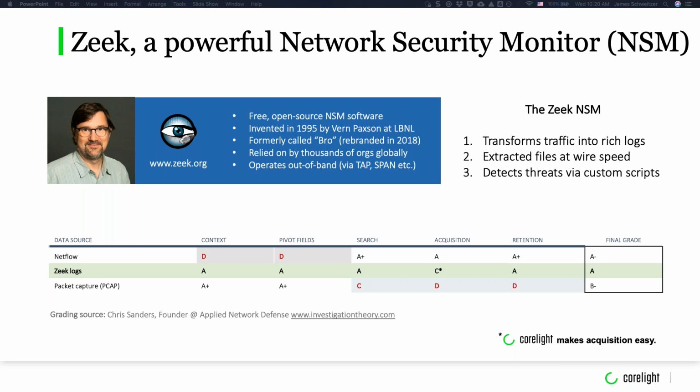It's not efficient to search fast, right? You're in Wireshark, spending hours digging through packets trying to find that kernel of truth in there. And you can't really store it for much longer than 60 to 90 days rolling at even peak budgets. We haven't really seen organizations out there doing it much more than that. So Zeek is kind of the Goldilocks data, if you will, that sits right in the middle there. Next slide, please, James.